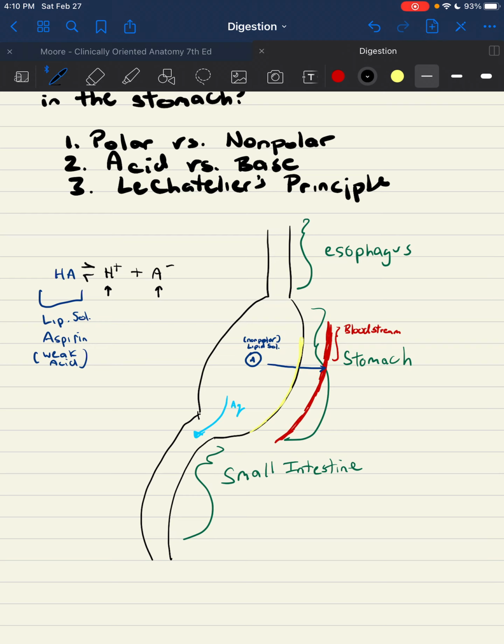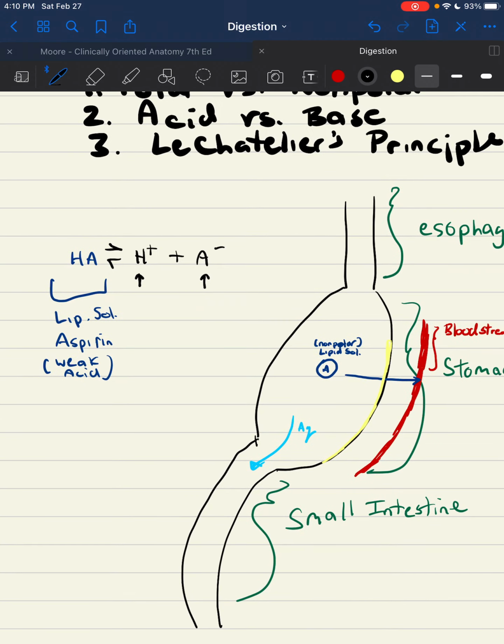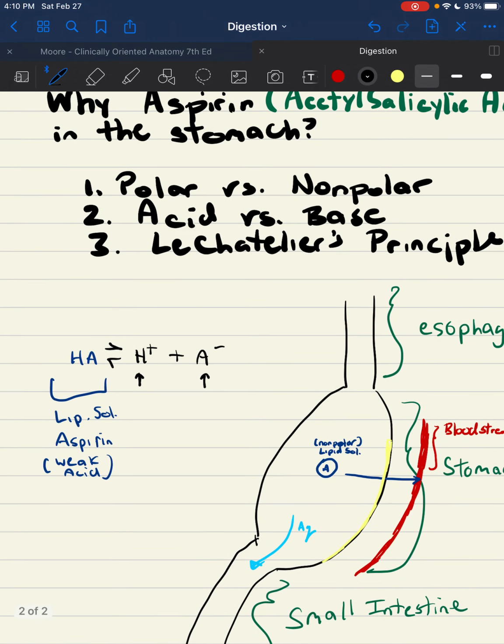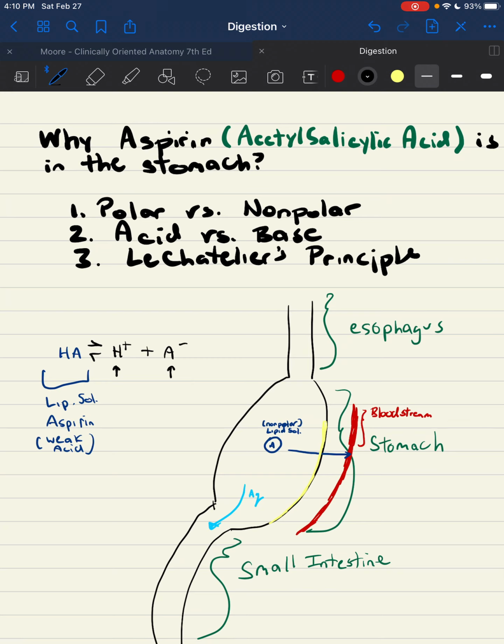Well, we need to know about Le Chatelier's principle. Le Chatelier's principle says if there is a disturbance in the system, it will reestablish a new equilibrium. If you are confused about these three topics, I am going to create a separate video that outlines what these three things are.